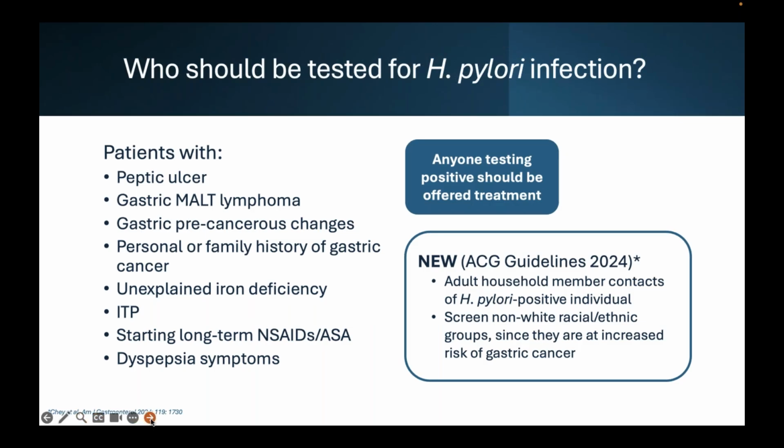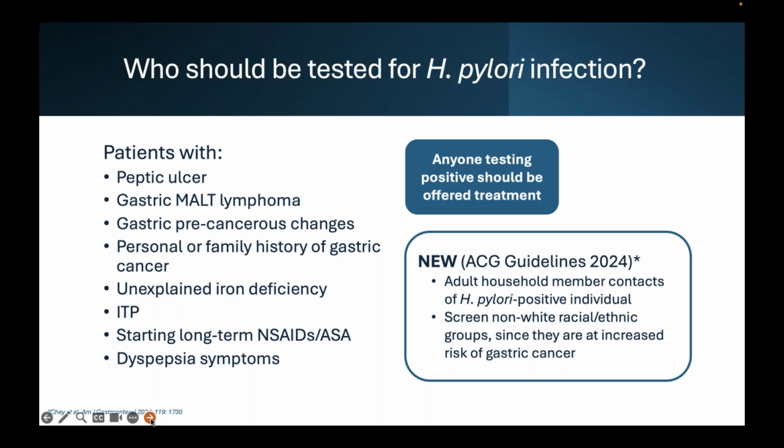So who should be tested for H. pylori infection? On the left-hand side of the slide are the indications for testing that have basically been the same for the last 10 years at least. So these are patients with ulcer disease, MALT lymphoma, gastric precancerous changes, or people who've had a personal or family history of gastric cancer because of these close associations of these conditions with H. pylori.